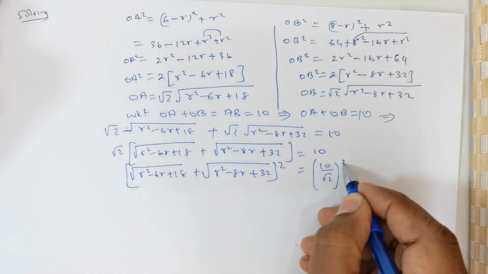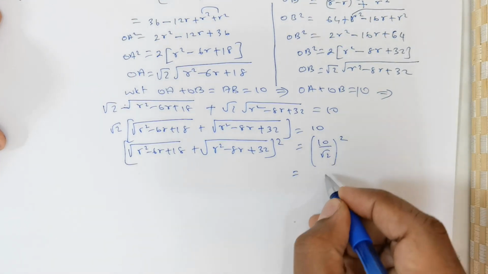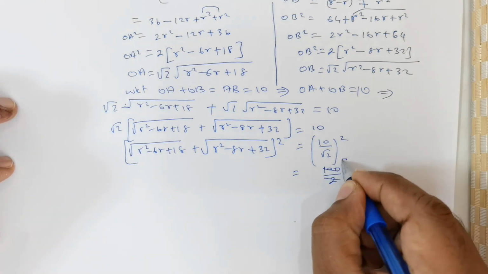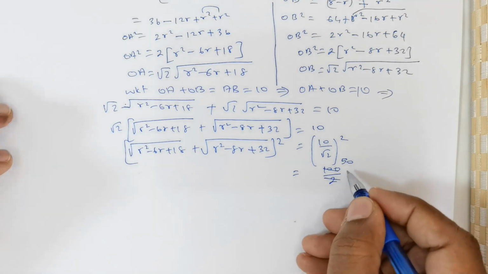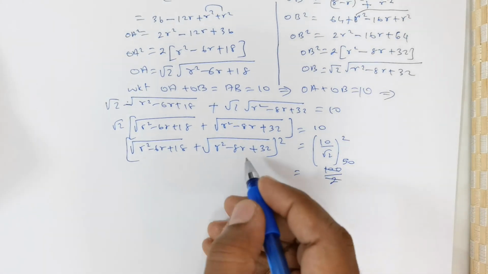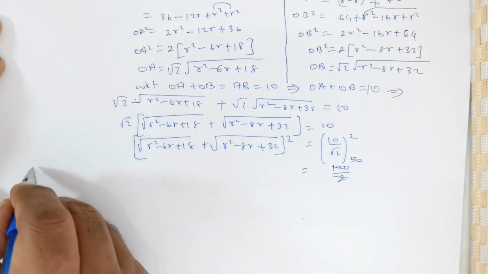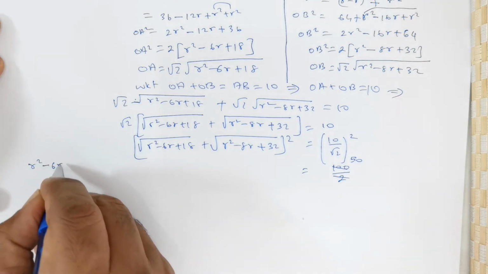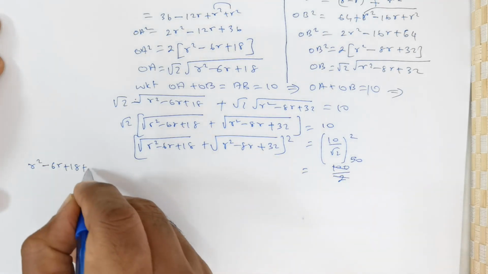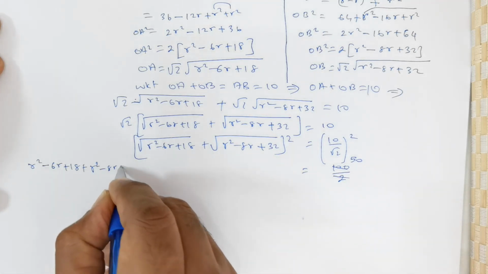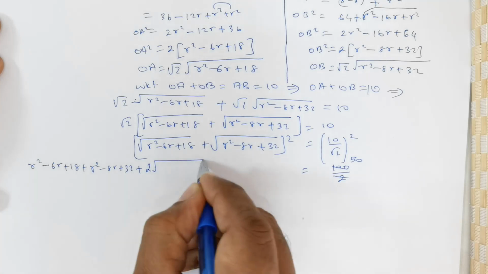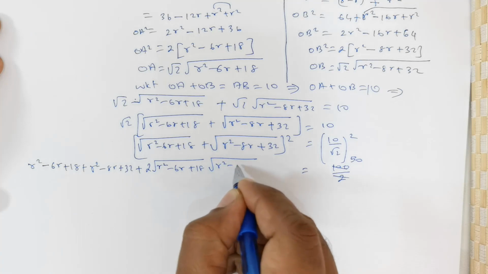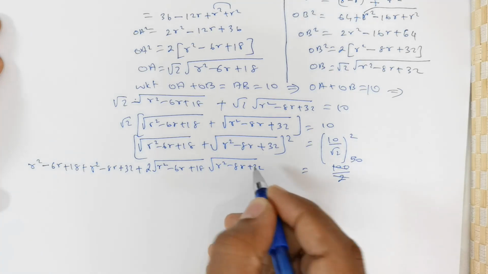I want to square both sides. So this would give me 100 divided by 2. 2 divides 100 50 times. So I will have a 50 on the right hand side. If I were to square this I need to start from here. This is going to give me R squared minus 6R plus 18 plus the square of this term, R squared minus 8R plus 32, plus 2 times root of R squared minus 6R plus 18 times root of R squared minus 8R plus 32.